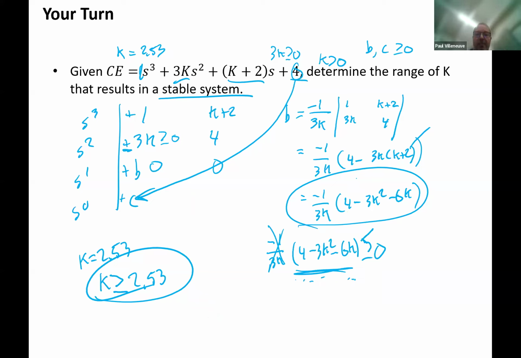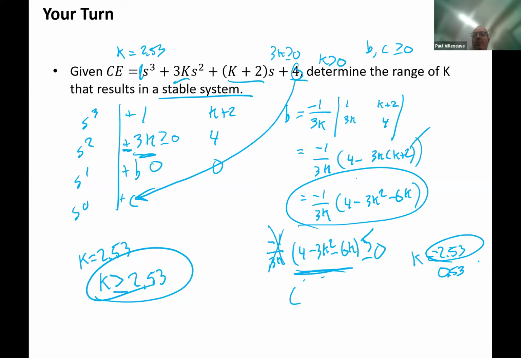So when I did my roots here, okay, my K value is going to be equal to negative 2.53 or 0.53. This has to be greater than 0, right?